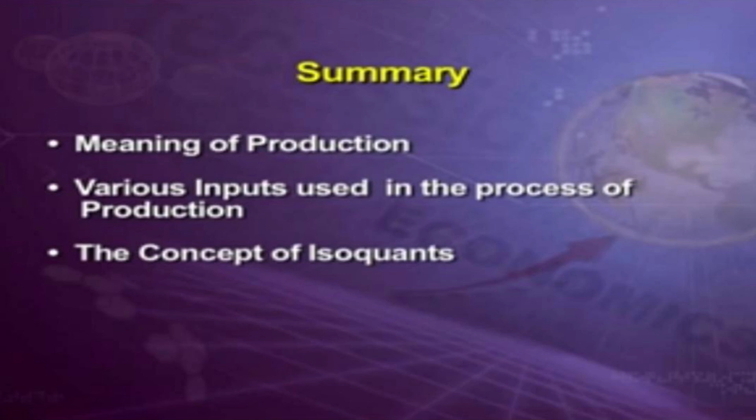Whether 10 people do it or only one tractor does it, there is time consumption. At the same time, you can see the output is also going to be more. Production of the commodity is also going to be more. So this is the marginal rate of substitution, which has the formula MRTS is equal to change in capital divided by change in labor.